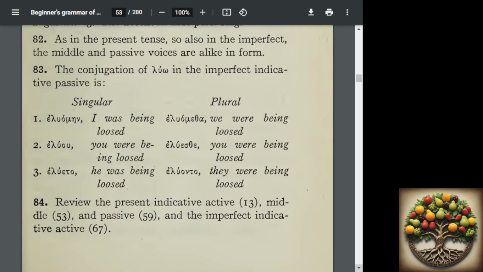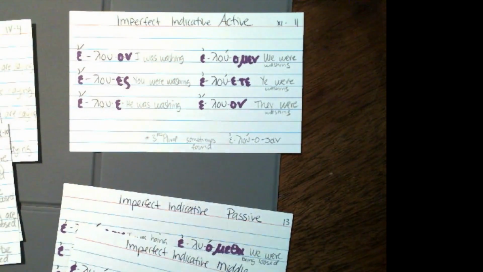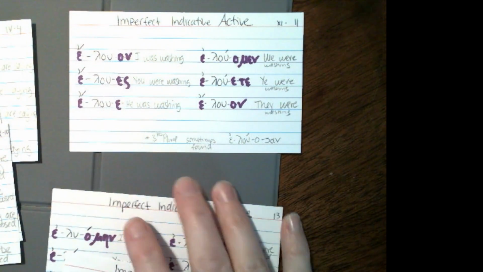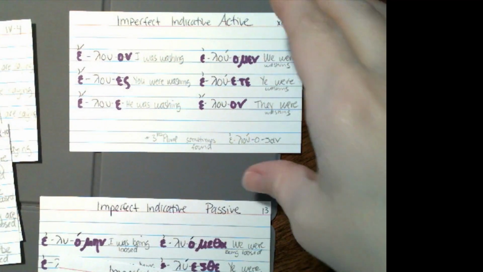Now in number 84, he is suggesting that we review the present indicative active, middle and passive, and then the imperfect active. So we're just going to take a look at some cards really quickly. Let's do the present first.